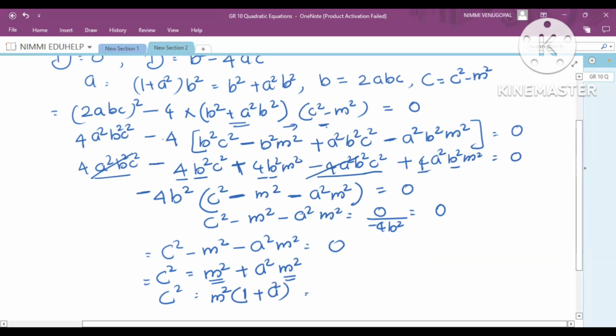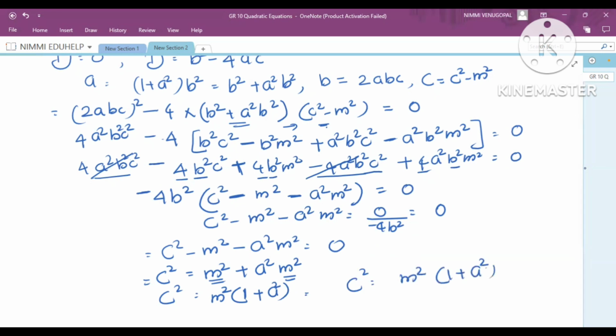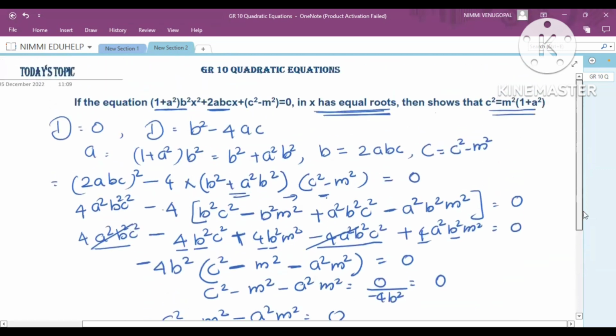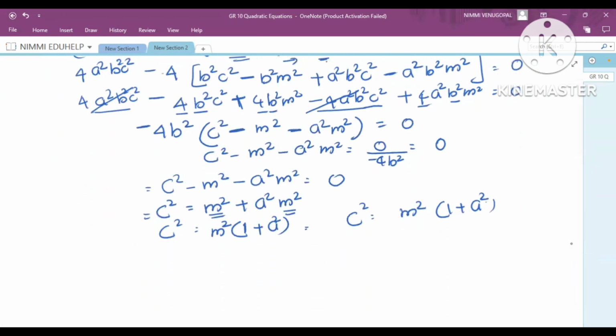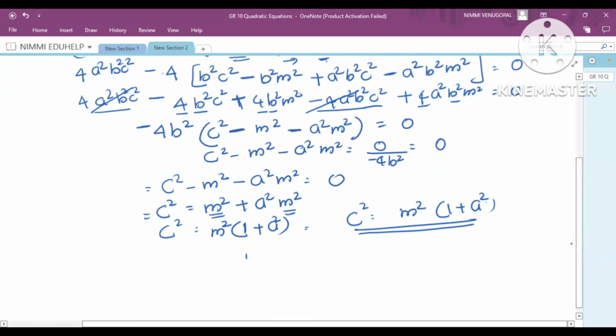So that means c square is equal to m square into (1 plus a square). If you look at our question, c square is equal to m square into (1 plus a square), no? The same we reach. That means we reach our answer. Therefore, hence proved.